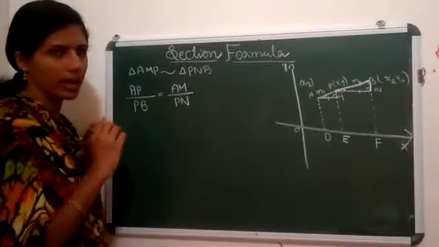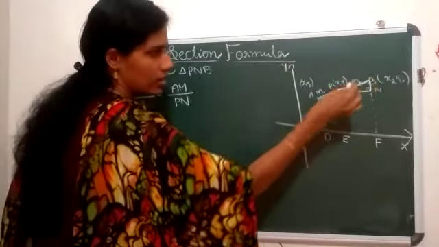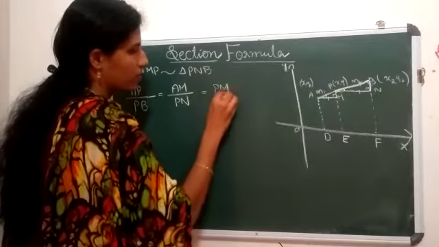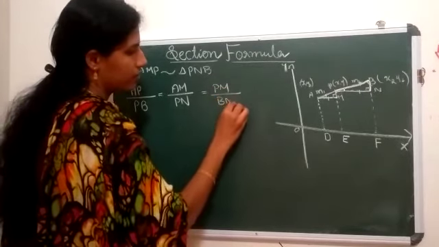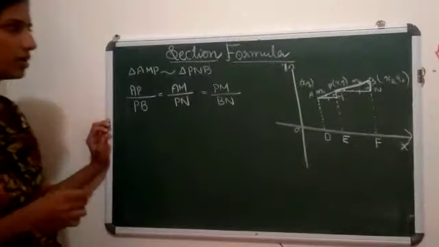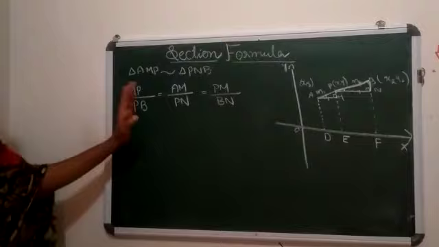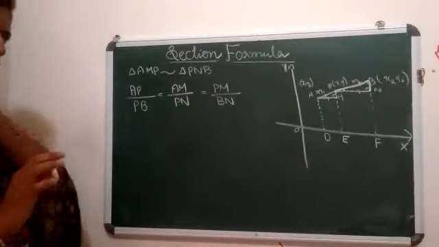Their corresponding lengths are in the same ratio. Now this length and this length, PM upon BN. Agree? Is it clear? So this is the condition for similarity, that their corresponding lengths are in the same ratio.